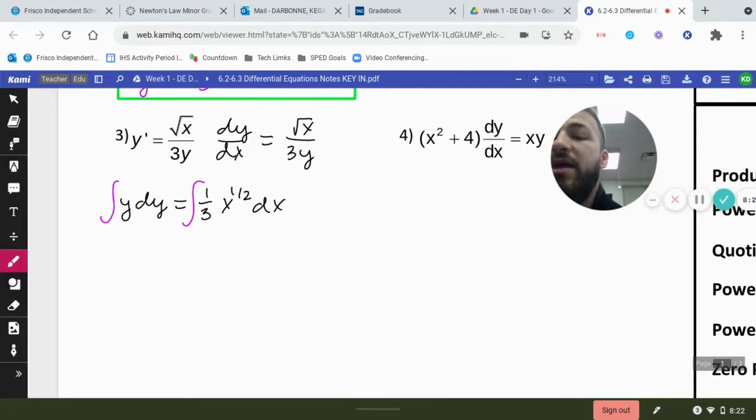So y becomes y squared over 2 equals 1/3 x to the 1/2 becomes 1/3 x to the 3/2 divided by 3/2.